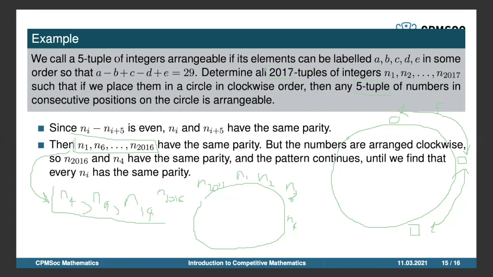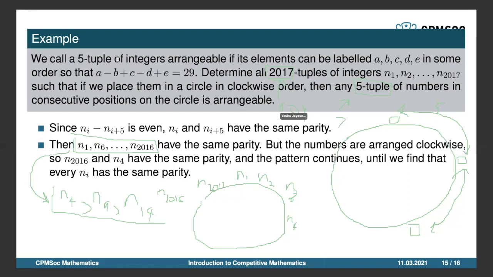So if you replaced 5 and 2017 with any other numbers that have greatest common divisor of 1, this idea still holds. For example, if you replace 2017 with 101 and 5 with 7, if you had a circle of 101 numbers and you start at a position and go clockwise by 7 steps every time, eventually you'll hit all the positions.